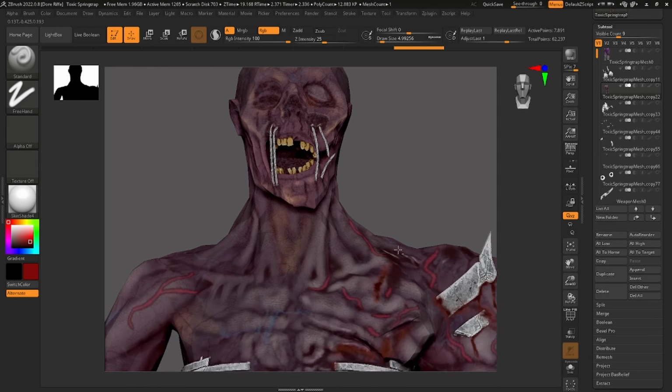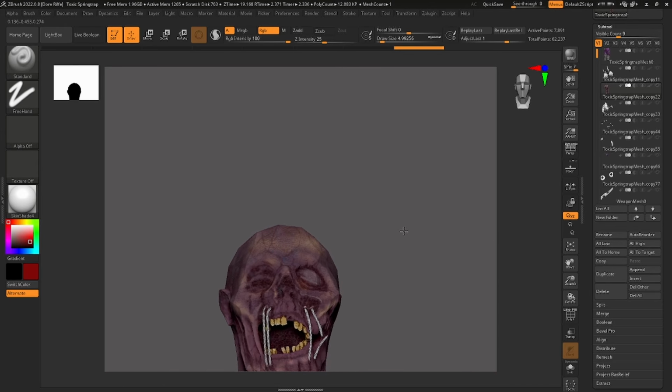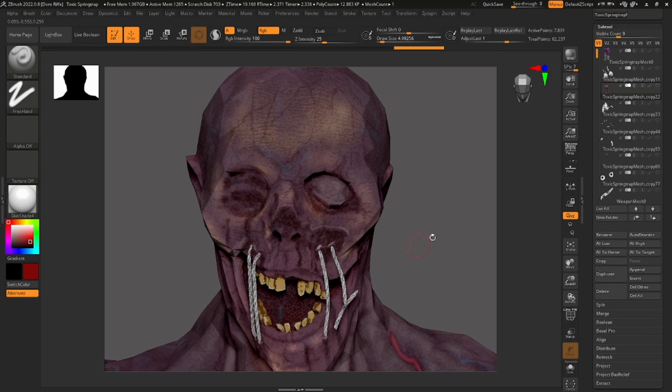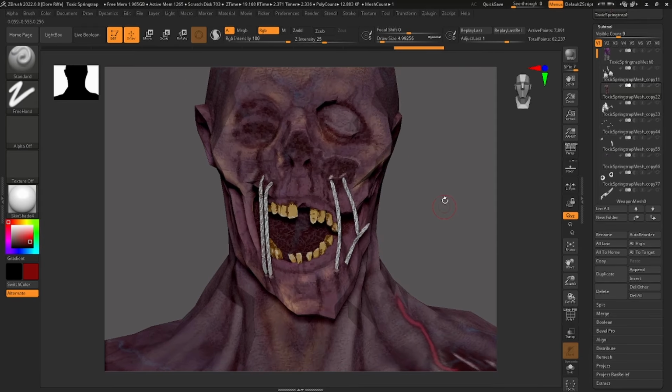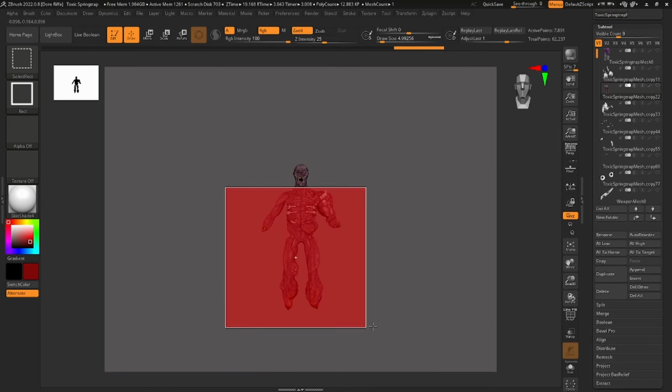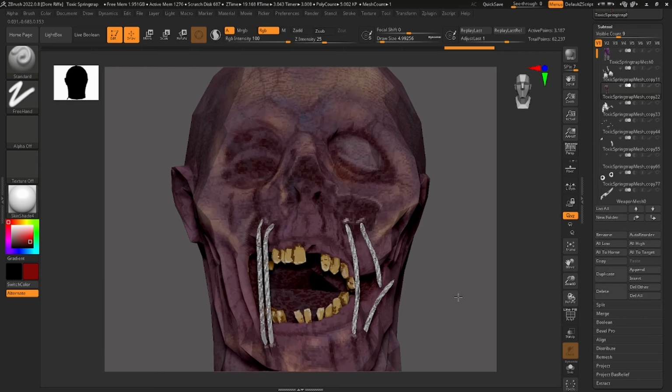Because as bad as his teeth are on the other models, they're not nearly as bad as this. His tongue is gone, I think. Yeah, his tongue isn't there. There we go.